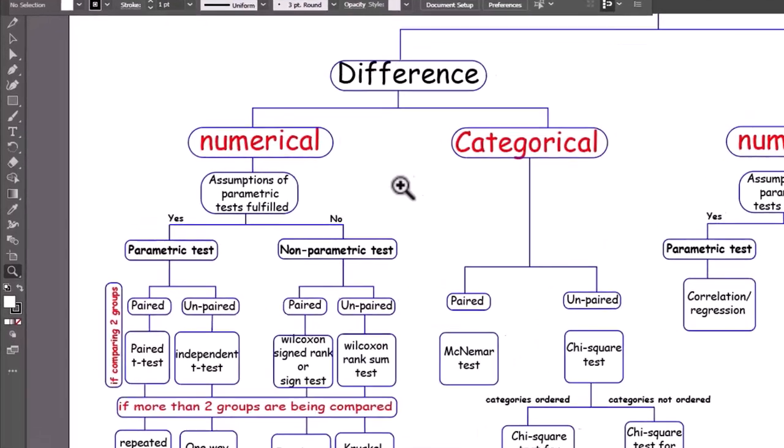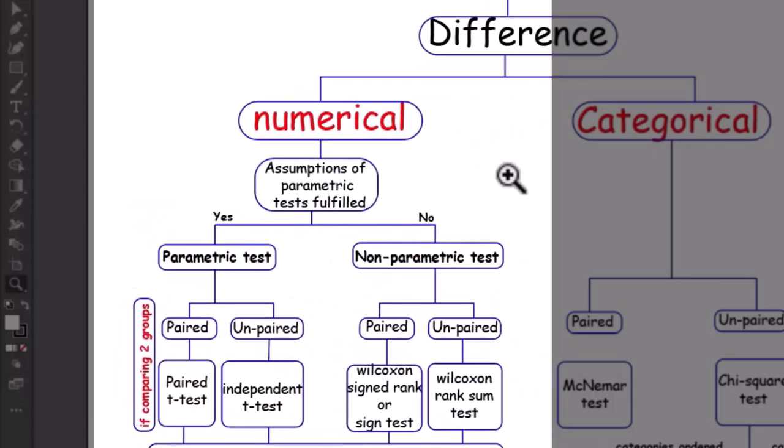If our data is numerical, as in our previous example, age, which is numerical, and our outcome weight gain, which is also numerical, we could go ahead and test the assumptions of parametric tests. If they are fulfilled, then we are going to use parametric tests. If any of the assumptions of parametric tests fail, then you would think of using non-parametric tests.